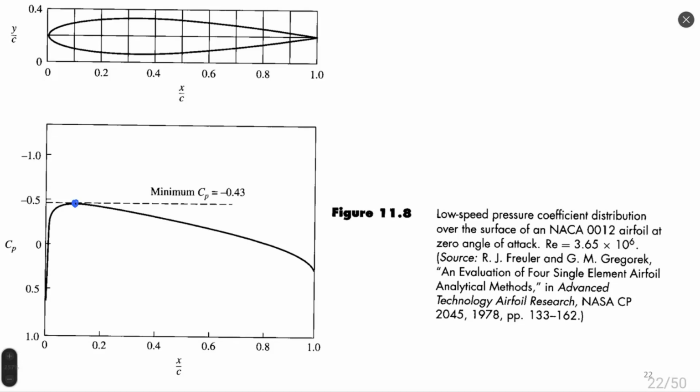Once we see CP distribution, we do not need to analyze all possible points, all possible positions. We just need to take a minimal point. Pay attention that axis here is reversed, so higher values are below and lower values are above. So we take minimal. It's written minimal, but it's on the top. So we need just one point when we analyze critical Mach number for some specific angle of attack.